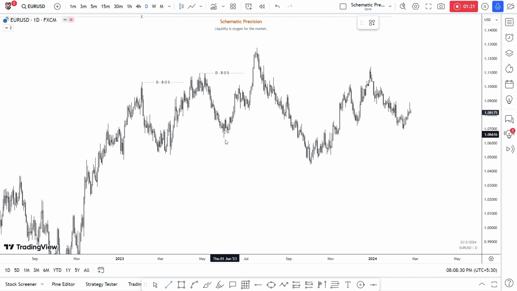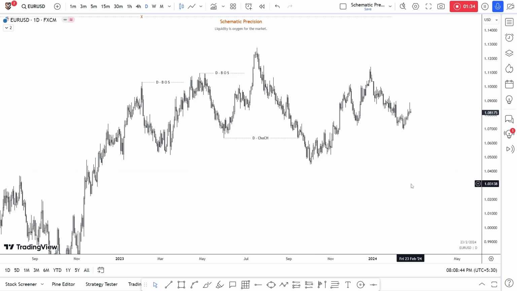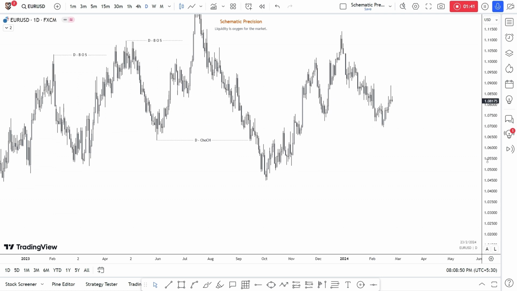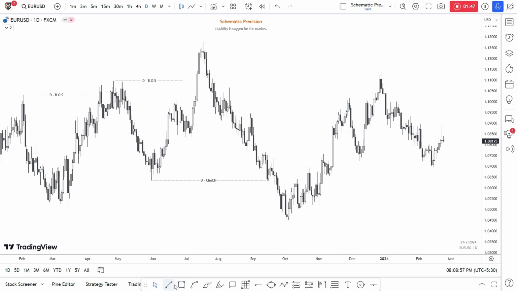Market has broken below the low. That means this is our daily change of structure. After the change of structure, what we have to see in the market, first of all, we need inducement, and the inducement is here.